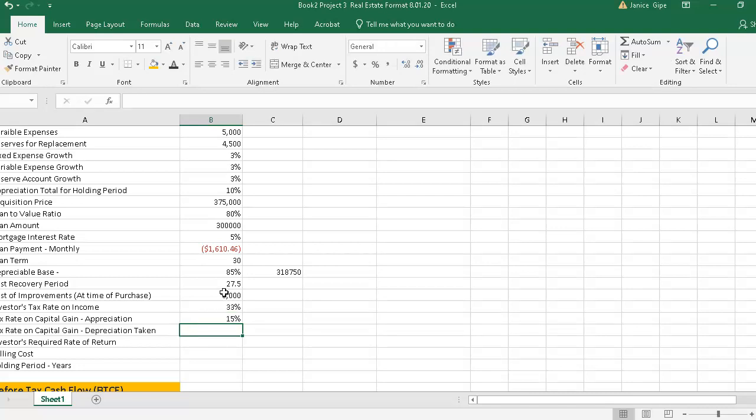And tax rate on capital gain depreciation taken is 25%. Investors' required rate of return is 10%.